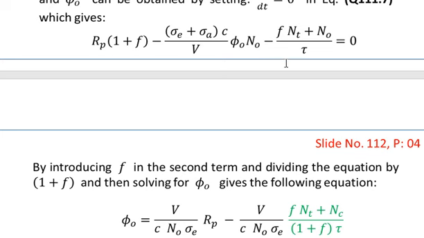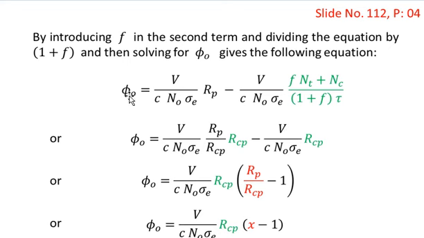In order to find phi naught, we divide all the terms in the equation by 1 plus F. Then we get the expression: phi naught is equal to V over C into N naught into sigma E multiplied by RP, minus V over C into N naught into sigma E multiplied by this term shown in green, which is F into NT plus NC divided by 1 plus F into tau.